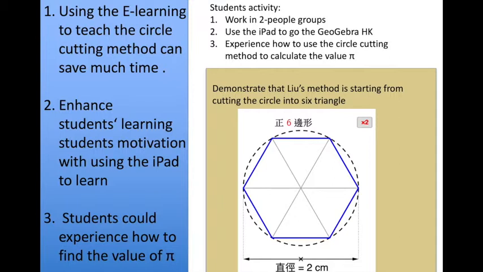For the student activity, the students will work in pairs, and they will use the iPad to go to GeoGebra Hong Kong, and they will experience how to use the circle cutting method created by Liu Hui. First, there is a demonstration that Liu Hui's method starts from cutting the circle into 6 triangles.